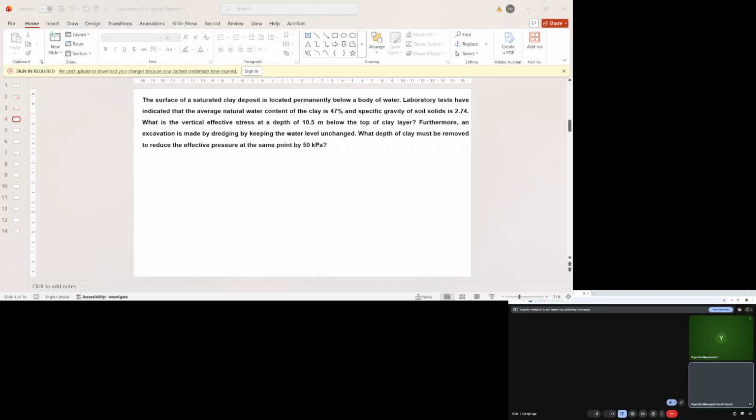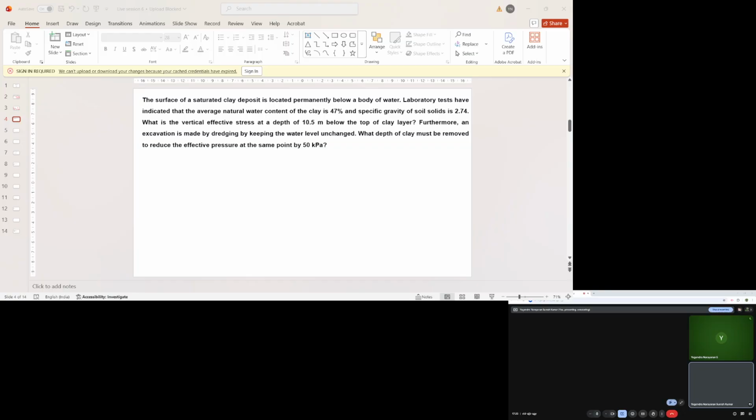Laboratory tests have indicated that the average natural water content of the fresh hot pond water and specific gravity of soil solids is 2.7. What is the vertical effective stress at a depth of 10.5 meters below the top of the level?